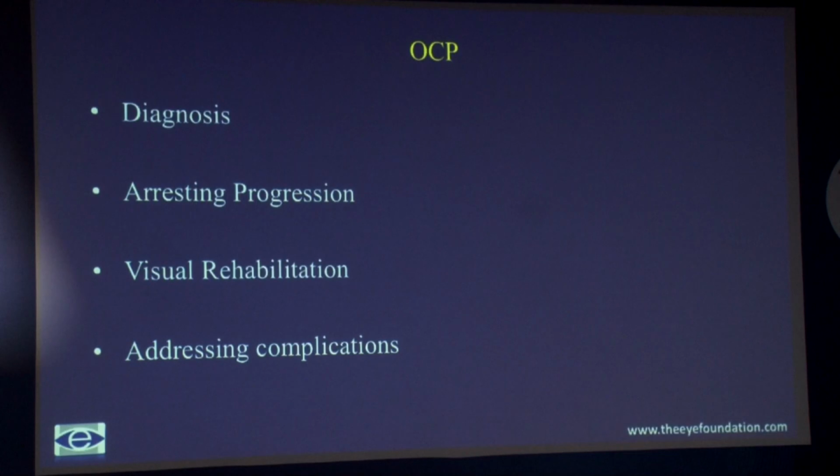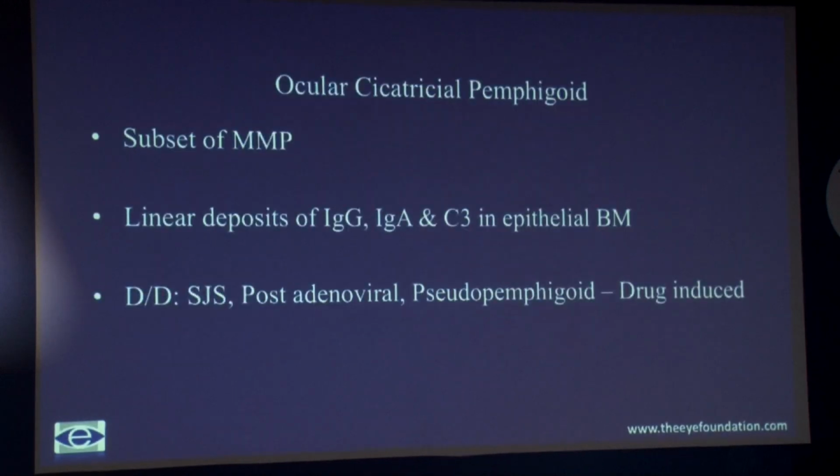Once we have made the diagnosis, arresting progression of the disease becomes most important, because it's only in the earlier stages that if we rehabilitate them, they have the best outcomes. Once they reach the later stages, it becomes very difficult to rehabilitate these patients. Often during the course of the management, you will have exacerbations and you need to be equipped to address the complications. So this is how I'll briefly take the overview.